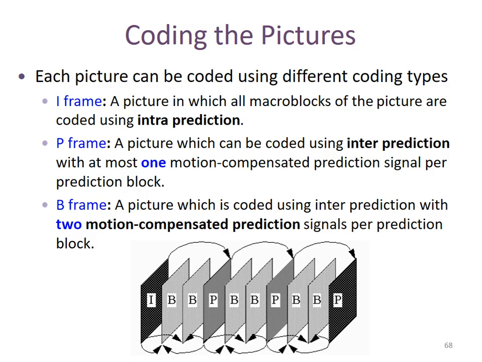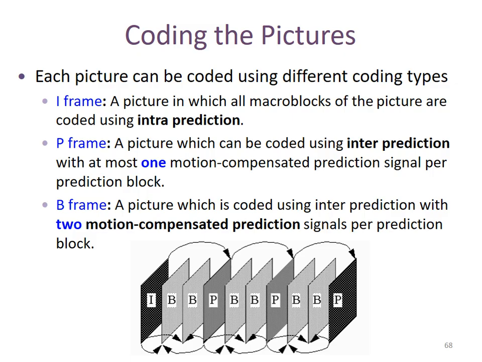For I frames, when we apply video compression, we only consider intra-prediction. We consider the spatial relationships within these frames, and we don't consider the other frames. So this is an I frame.